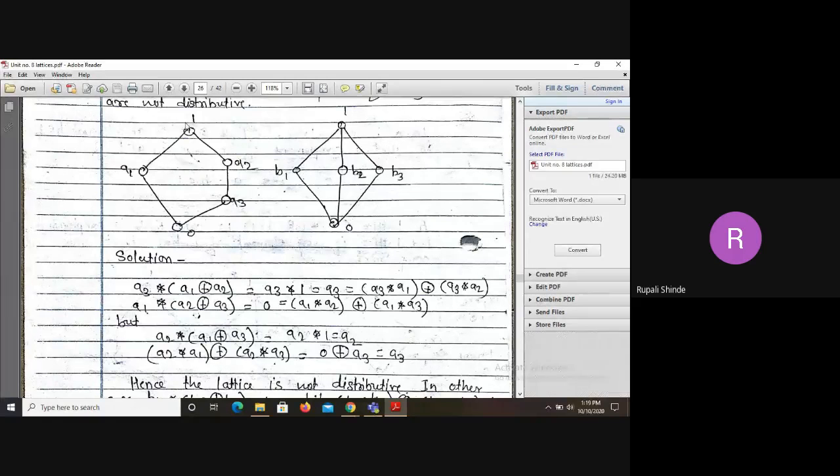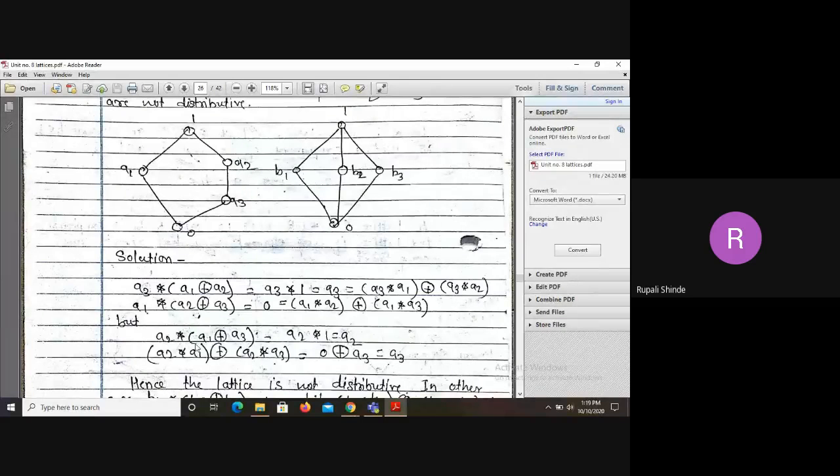Yes, correct. Now A2 star 1. This one is the greatest lower bound of A2 and 1. So which one is greatest? It is A2. So the value for LHS is A2.